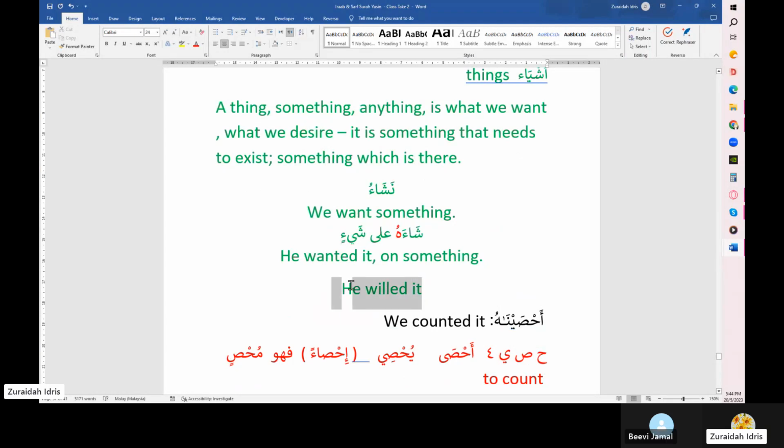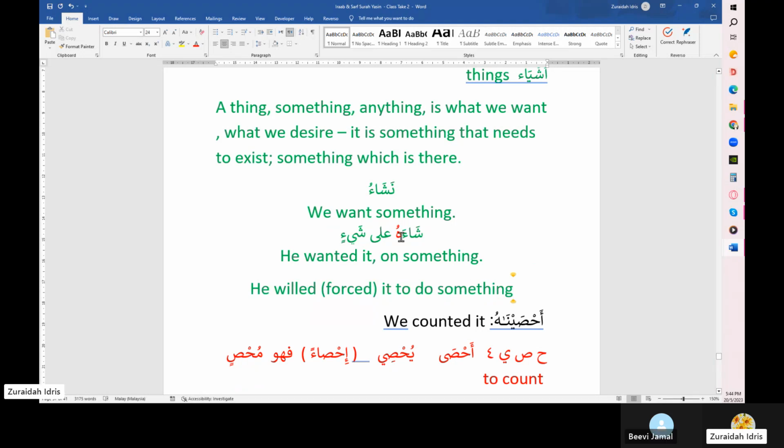So basically, sha'ahu, the word was he willed it or forced it to do something.